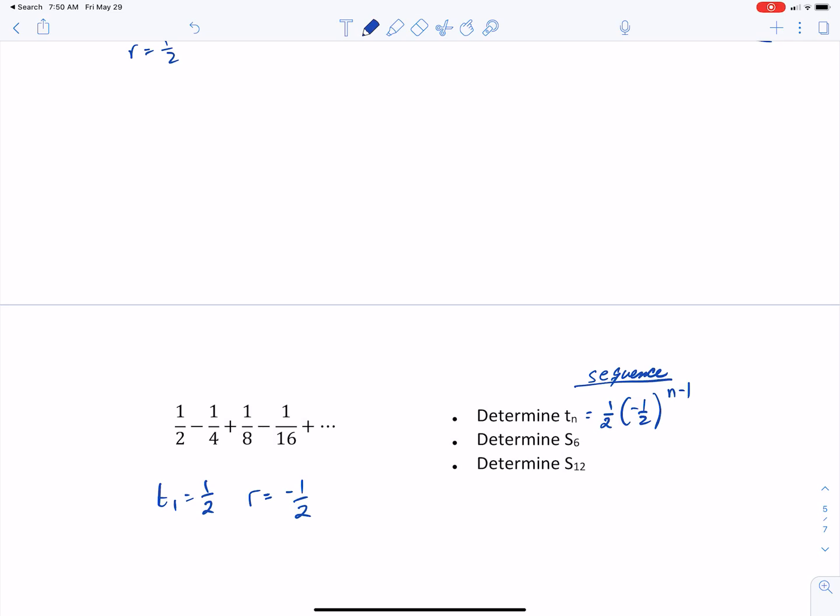For the sum of 6, again, I'm going to use that first formula. So the sum of 6 would be term 1 times r to the power 6 minus 1, over r minus 1.